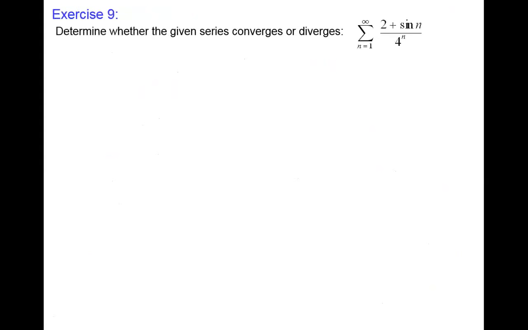Determine whether this series is convergent or divergent: 2 plus sine of n over 4 to the power of n. What do you think? What will we replace? I have to keep the 4 to the power of n. Probably I will keep this.